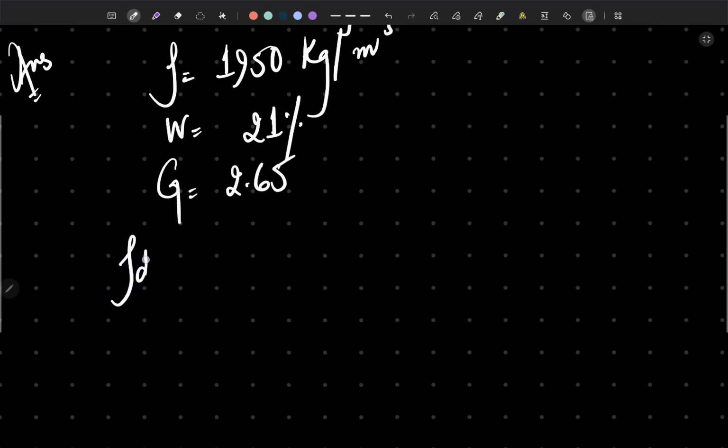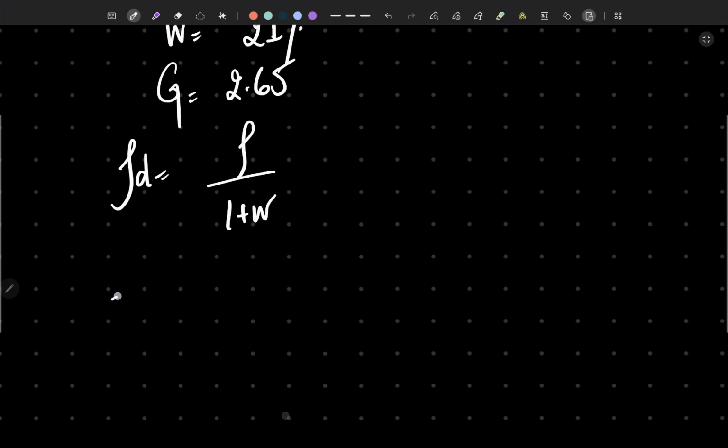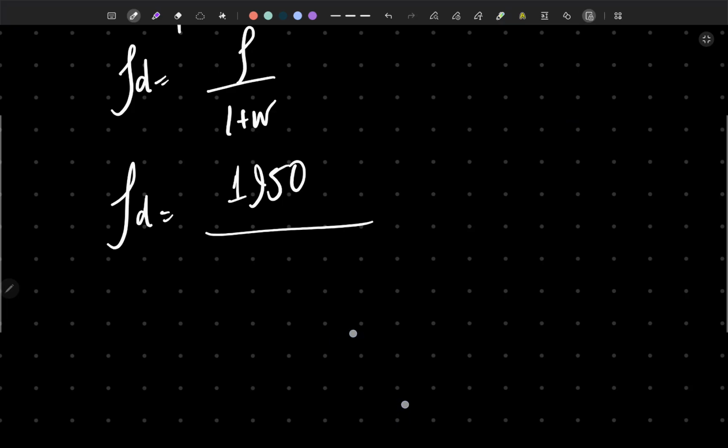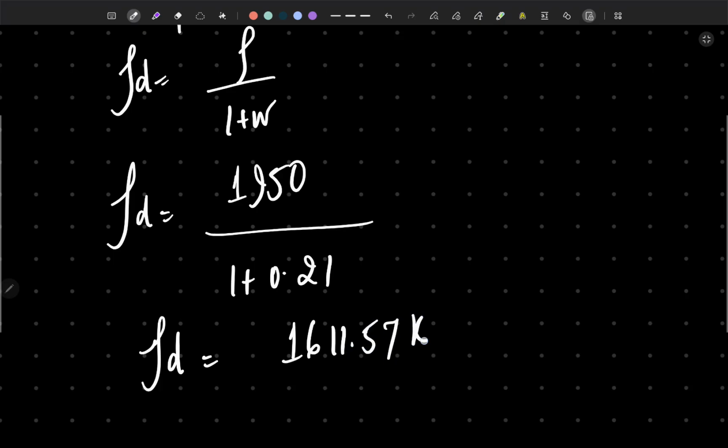We know that dry density is bulk density divided by 1 plus water content. We know the bulk density 1950 kgs per cubic meter. Water content is 21%, 1 plus 0.21. By calculations, the dry density is 1611.57 kgs per cubic meter.